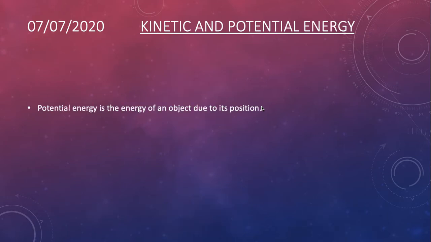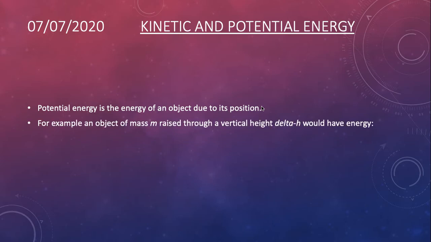What if we're looking at potential energy? The energy of an object due to its position. If it's got mass m, if m is bigger, it's got more potential energy. If it's raised to a vertical height delta h, if that height is bigger, then the potential energy is bigger. Either way, the work done to raise it that high is the force times the distance.